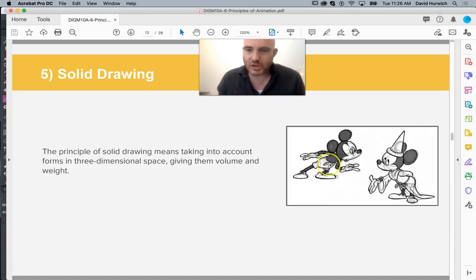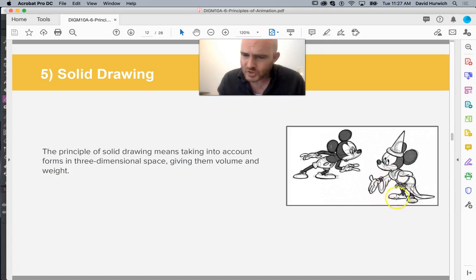So solid drawing is trying to imagine your character as a three-dimensional shape. This has to do with body language, how this line coming in ahead of this line gives a sense of depth here. This drapery coming towards the camera gives a sense of depth going backwards.